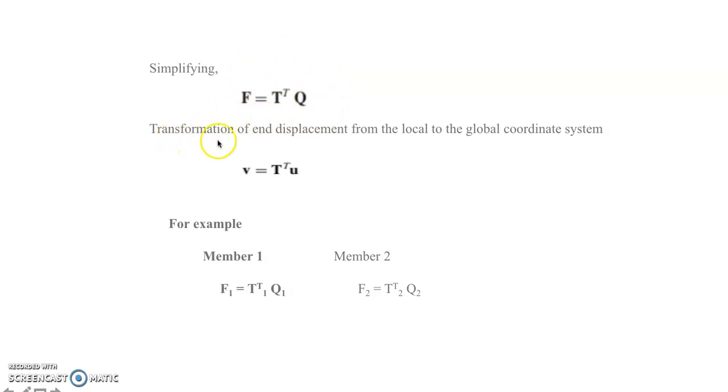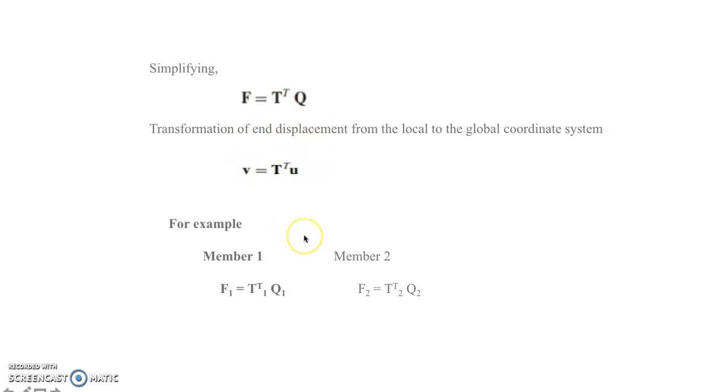So if you're going now to transform end displacement from local to global coordinate system, you have this equation. Of course, V is equal to the transpose of the transformation matrix multiplied to our U, which is our end displacement in the local coordinate system. So we have transformed our local end displacement to global end displacement. This equation, of course, is for every member.